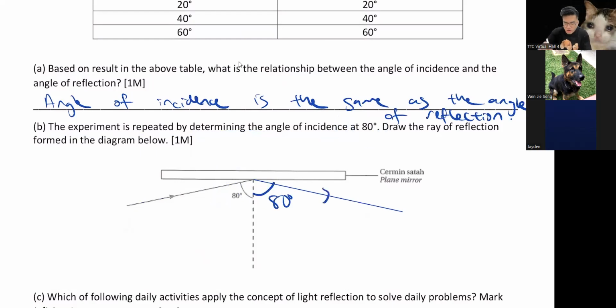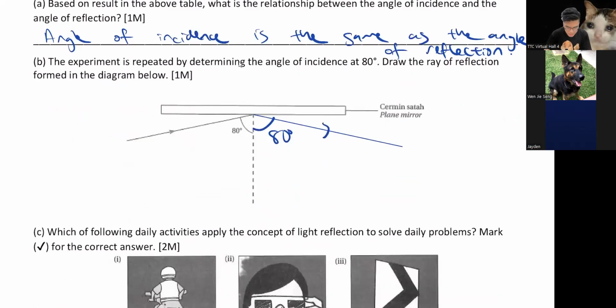So this is the law of reflection. Don't need to measure this thing so accurately, guys. This is just sketching. As long as your drawing looks like 80, then your answer will make sense. Angle of incidence is always the same as angle of reflection.